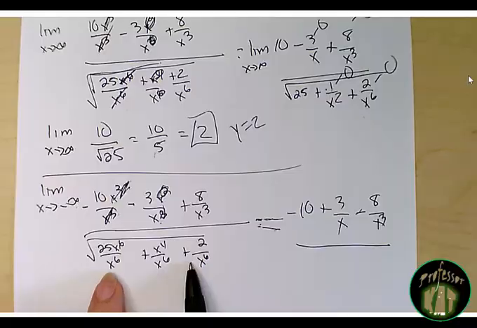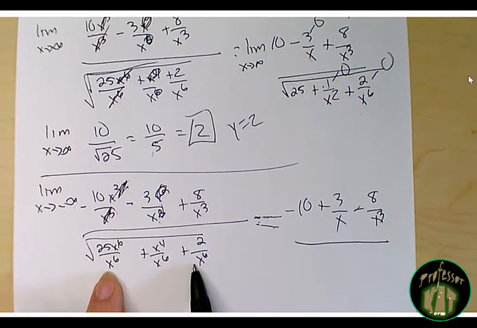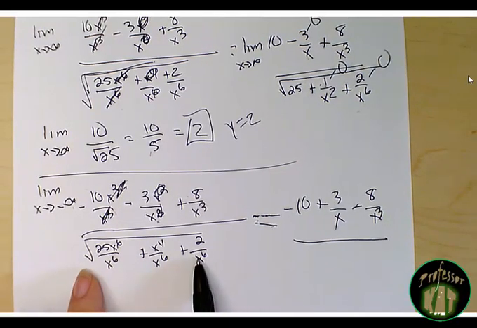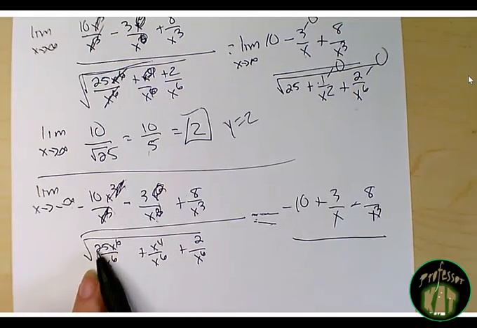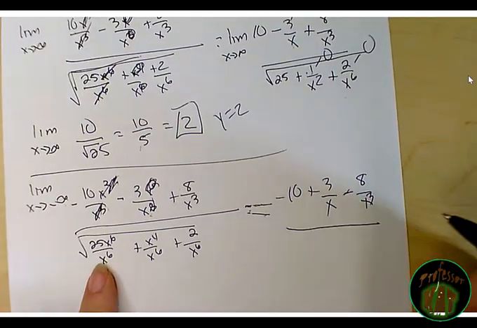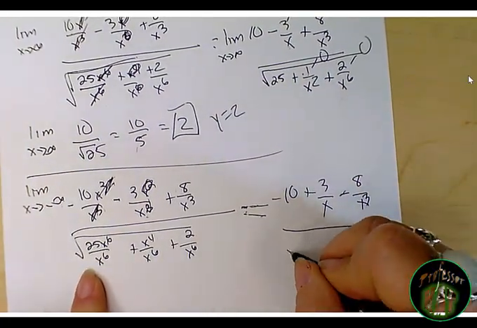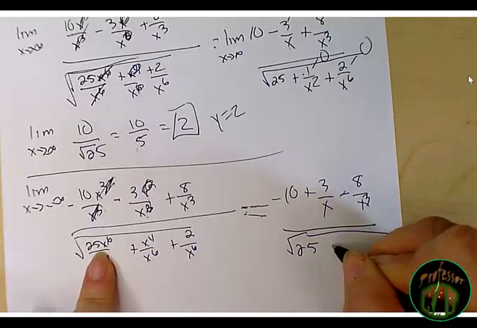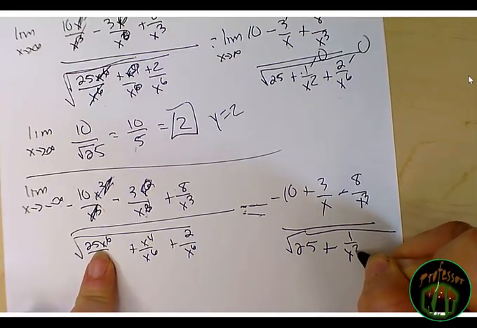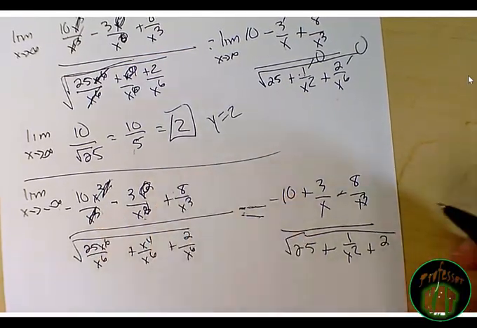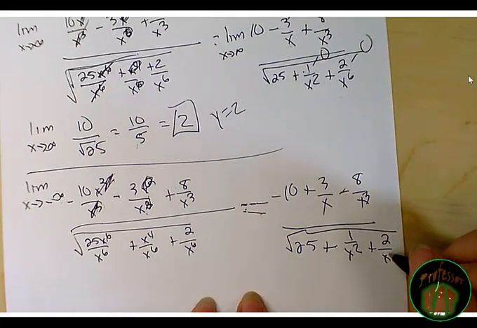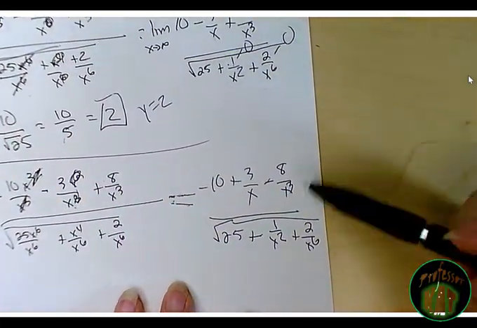Over our denominator, we are dividing by x to the 6th. And since that is an even number, these are not going to be negatives, right? Negative times negative is positive. So as long as it's an even power, these will be positive. So that's just going to break down to the square root of 25 plus 1 over x squared plus 2 over x to the 6th. Same rules as before.